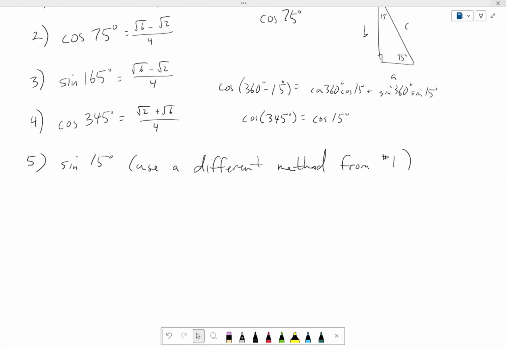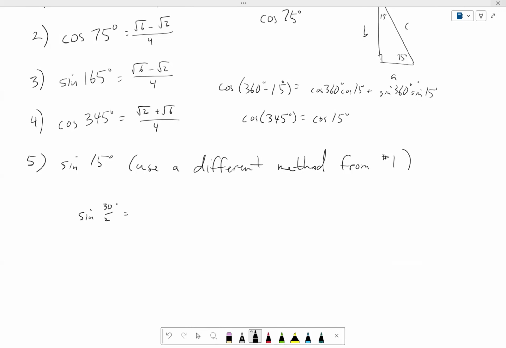Half angle. Okay, so let's do it. Sine of, I'm going to express that 15 as 30 over 2. Is that what you did? At least in my mind, I'm thinking of it as 30 because that's what I'm about to relate it to. So should I do plus or minus? How do you know it's plus? It's 15 degrees. It's in the first quadrant.